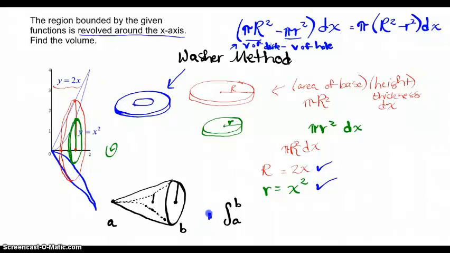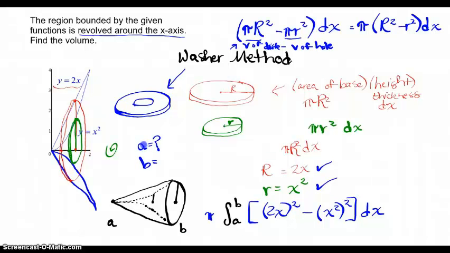All right, so I'm going to pop my pi out front, and I have pi big R squared minus, because remember that's going to distribute through, little r squared. So there would be the volume, and I still have to figure out what A is and what B is. I haven't done my limits of integration yet, but I have found what the volume of this three-dimensional solid will be, because it's going to have a hole in the center of it, right?